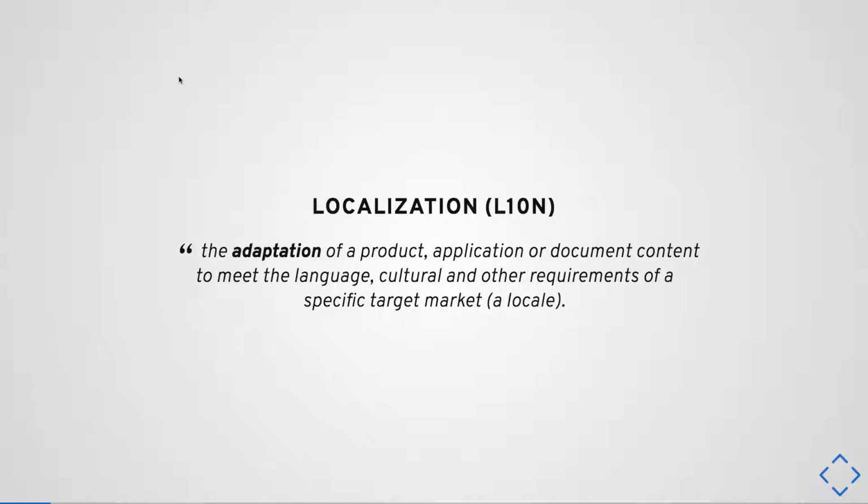Questions, comments there? It tends to be a little bit more of a focus on the cultural and unique local requirements than just the language. Correct. Yes. Translation is one small aspect of this for sure.